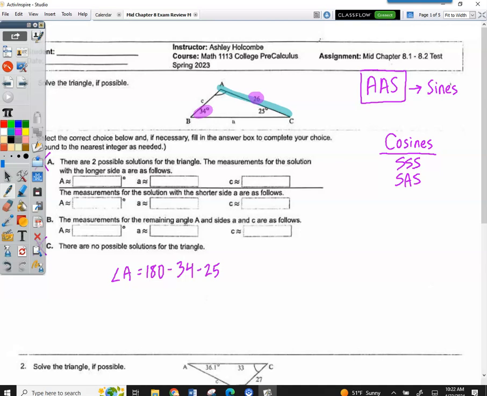If I solve for little c, I would have to use sine of angle C equals, and then my anchor fraction is 26 over sine 34. To get this by itself, little c, all I have to do is cross multiply that sine 25 over there.